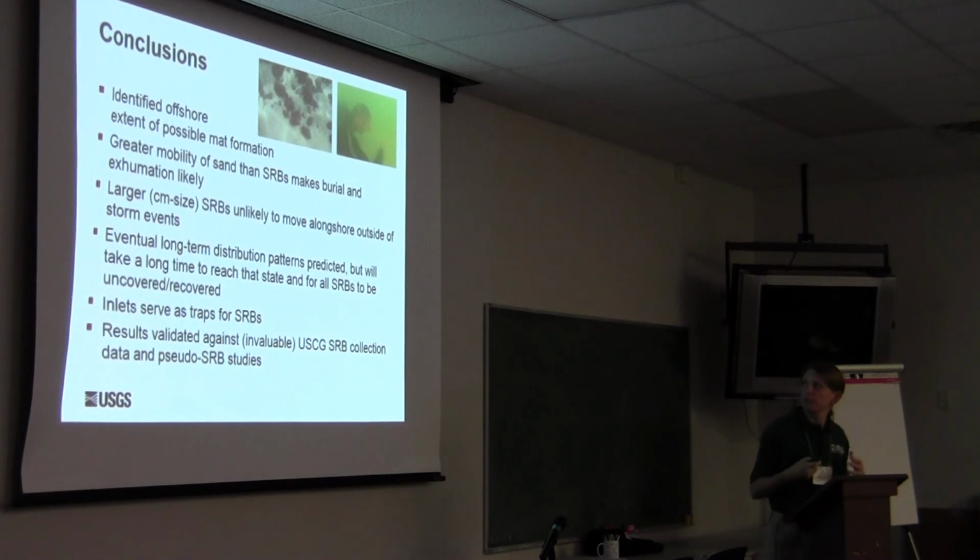We predicted these long-term distribution patterns, but because of burial and exhumation, it's going to take a long time to reach that pattern, if in fact it ever does, because once they get unburied, people start to collect them and so forth. Inlets serve as traps for SRBs, so finding a bunch of SRBs in an inlet is not necessarily indicative of a mat located there. And then we validated our results against this Coast Guard collection data.